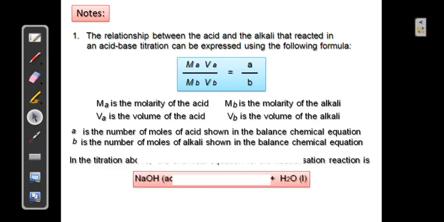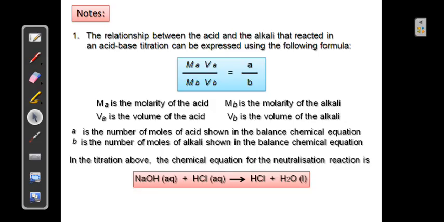So in the titration above, the chemical equation for the neutralization reaction is NaOH plus HCl reacting to produce NaCl and H2O. Okay, this is 1 to 1 again, right? So A is equal to 1, B is equal to 1.